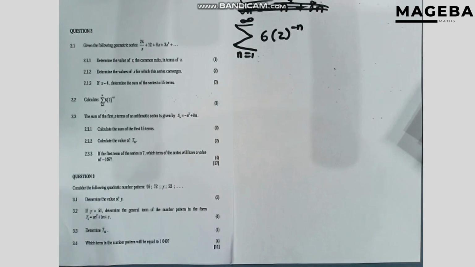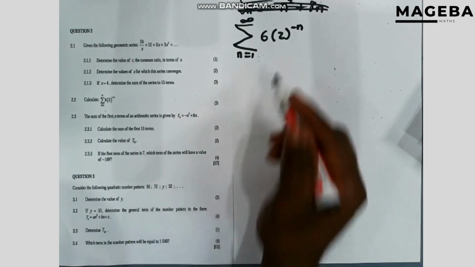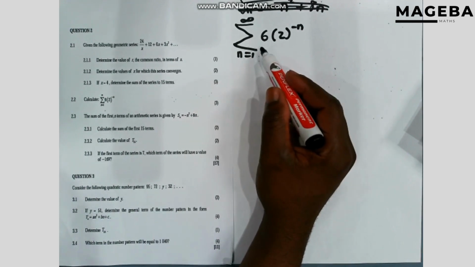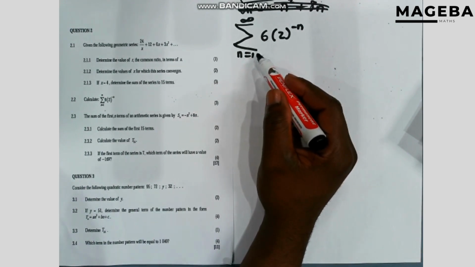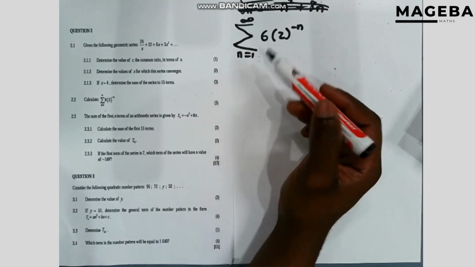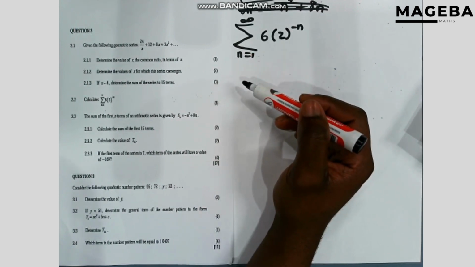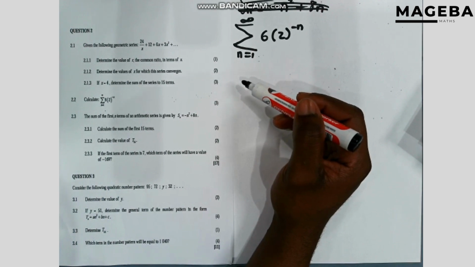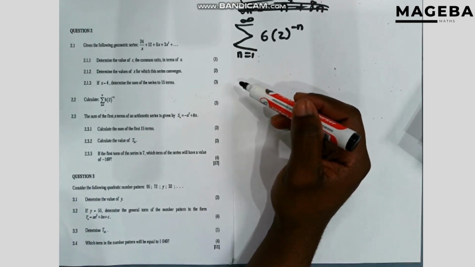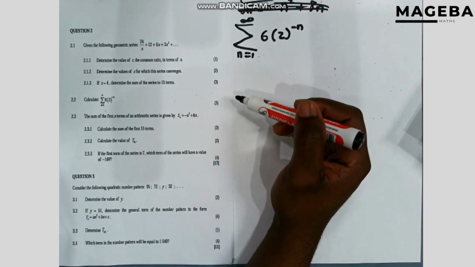They give us the sigma, which is this sign. Then this sign stands for that we need to calculate the sum. So now here at the top we have this sign that stands for infinity. So what they want us to do here is to calculate the sum of infinity.